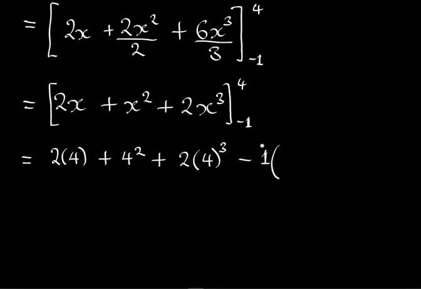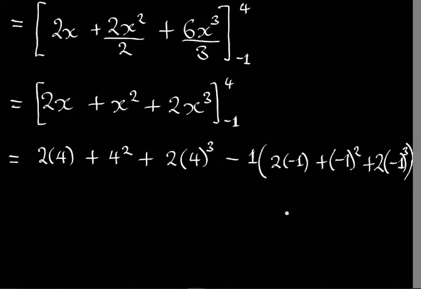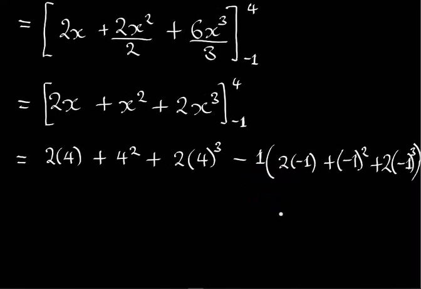It's just showing that we're subtracting off the value of the answer when we plug in the lower limit. So we have 2 times -1, plus -1 squared plus 2 times -1 to the power 3. Yeah, I think that's a bit more visible.